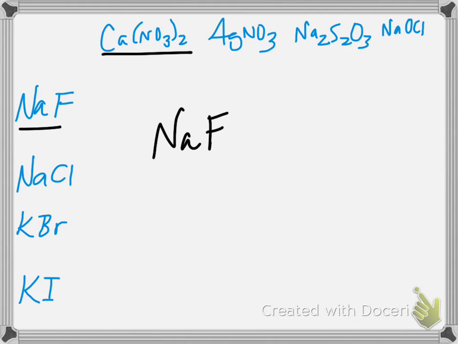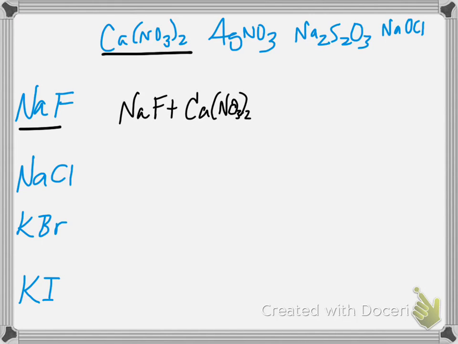And we have not covered bonding or compounds or reactions. So this is all sort of foreshadowing what we're going to do in a little bit. But when we add sodium fluoride and calcium nitrate, which apparently I can't even write this morning, those are the reactants, or potential reactants.